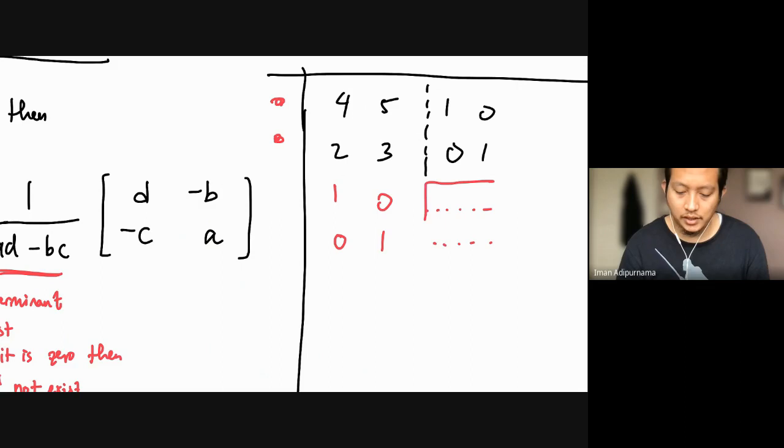And the one that results on the right side here will be the inverse.